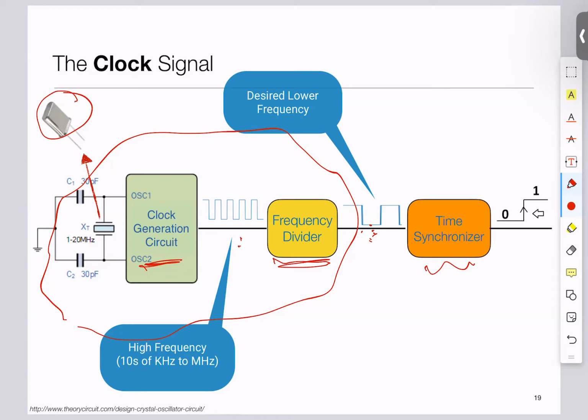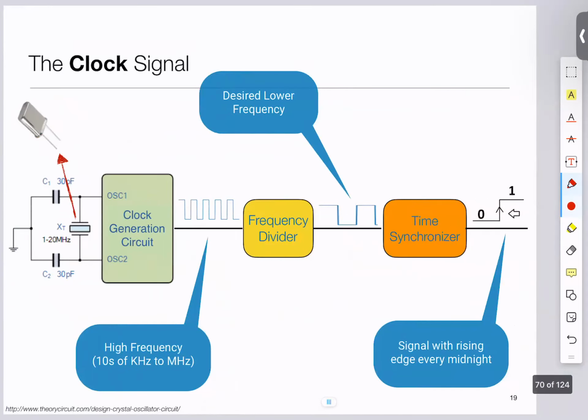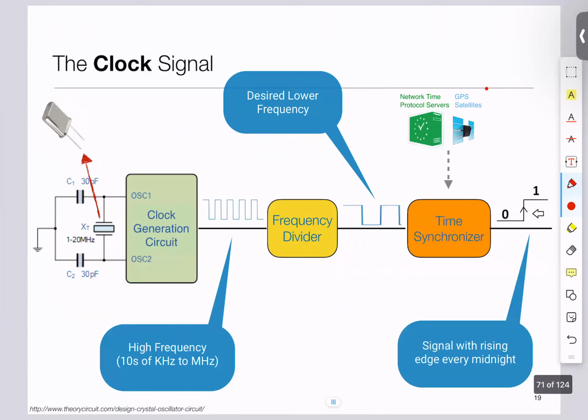You contact the network server, you measure what the offset is, and then report that. So all of that is done through these network protocol servers and GPS satellites, which basically help you give the real time that you want. And once you have that, then generating the signal every midnight becomes easy. Okay, so that's what goes.